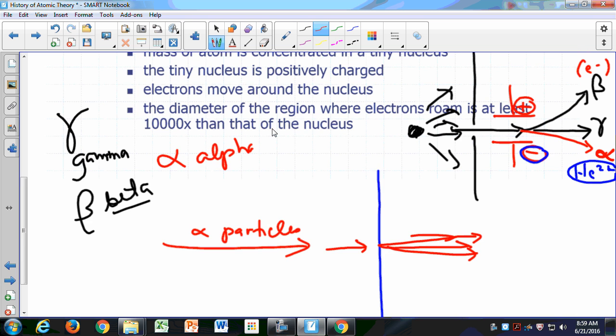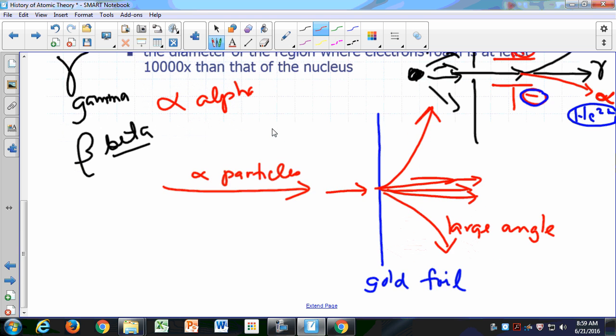Large angle scattering means that instead of going straight through or with very minor deflection, you see some of these alpha particles deflected at very large angles. So this would be your large angle deflection. And occasionally they'd even see something that gets backscattered.